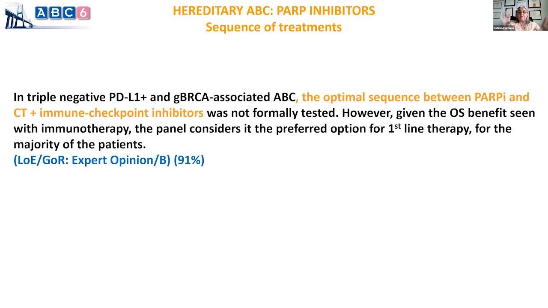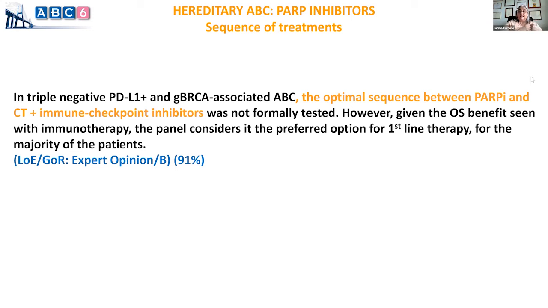So if you have these two options, imagine that you have a hereditary breast cancer, BRCA mutated breast cancer, that is also PD-L1 positive. So which one do you use first? They have not been compared. And so what we are recommending here is based on the results that I showed you.